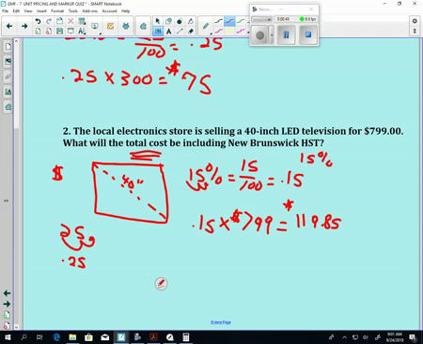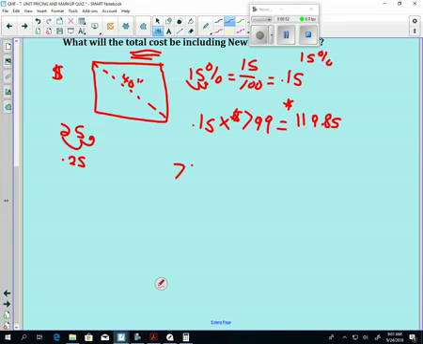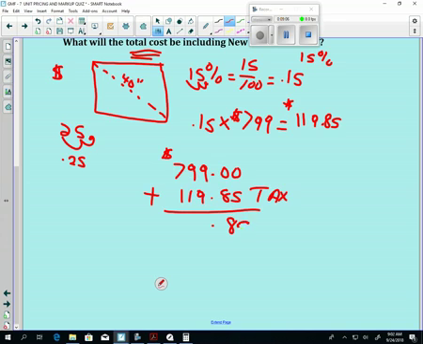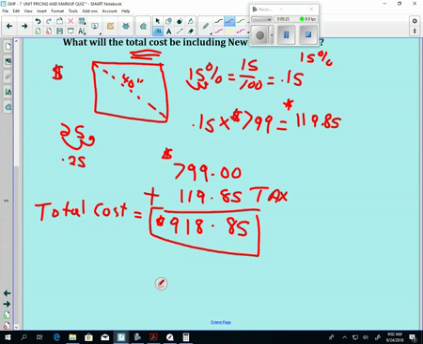So that means we have to add it to our $799. So the total cost will equal $918.85.